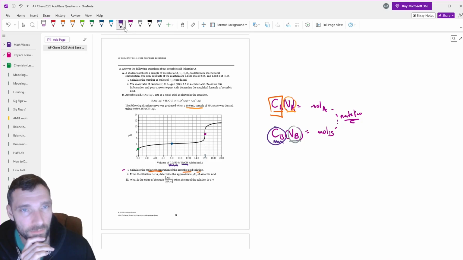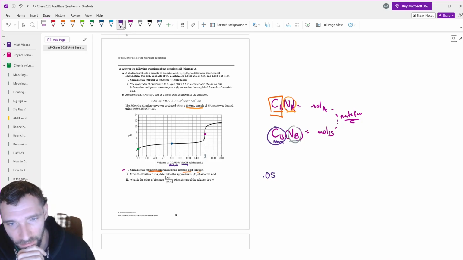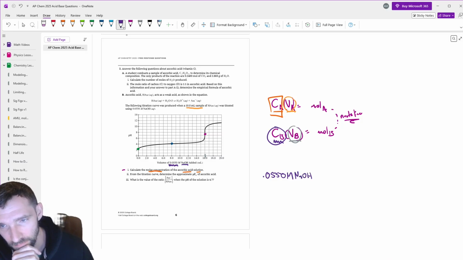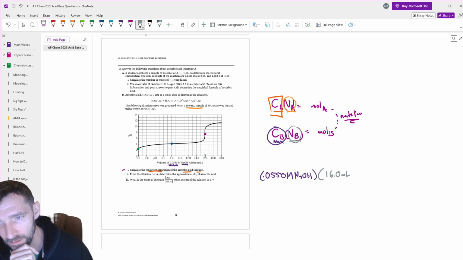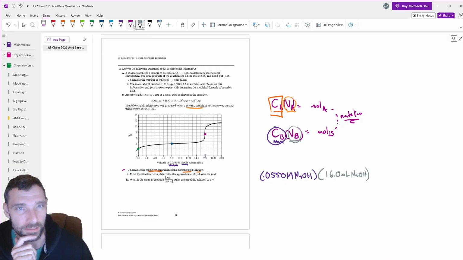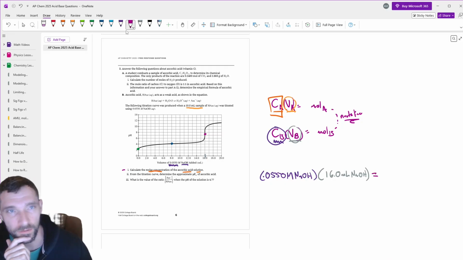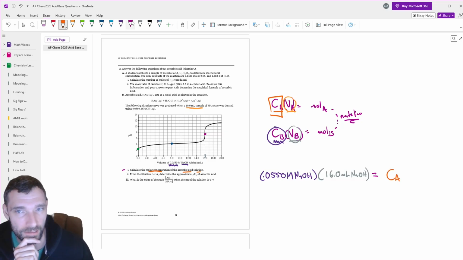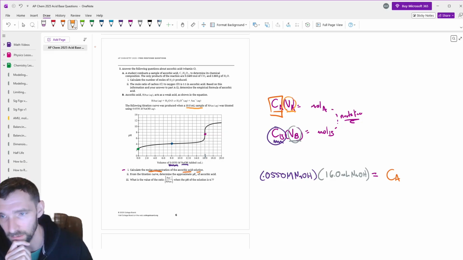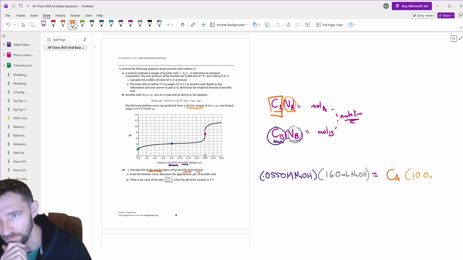So as we can see, we've got 0.0550 molar NaOH, and that is times its volume. So we've got, in this case, 16.0 milliliters of that base. And that is going to be equal to this concentration that we're trying to solve for of the acid times the volume of said acid, which was 10.0 milliliters.